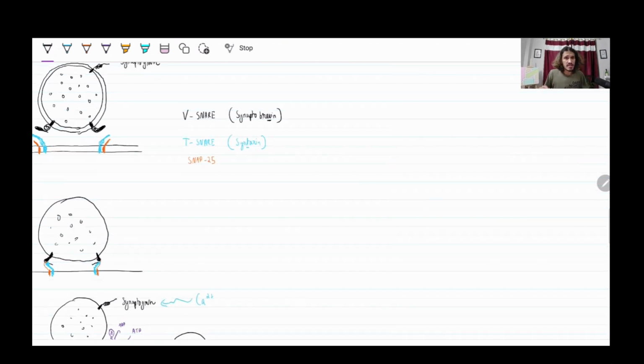So these SNAP proteins, there are certain toxins which can inhibit them. We have the tetanus toxin that inhibits your synaptobrevin. Then we have botulinum toxin.